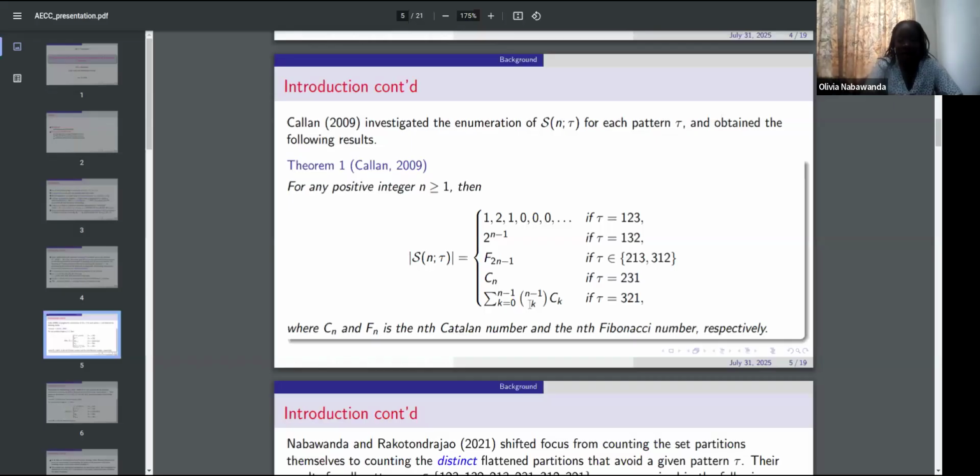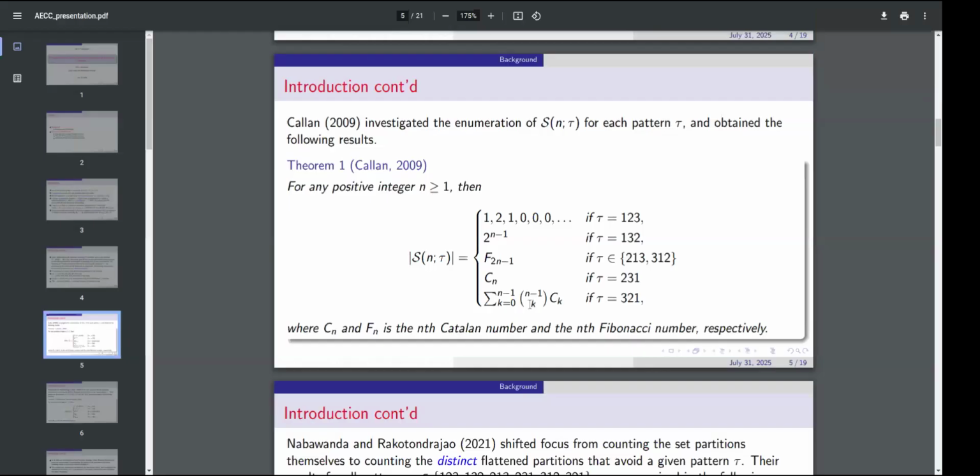And for the pattern 1, 2, 4, 3, we had this sequence 1, 1, 2, 4, 7, 11, 16. By the time we got this, we realized that on the OEIS, not much was known about it. But currently, several results have been discovered, and new interpretations are coming for this sequence. Then for these two patterns, 1, 3, 2, 4 and 1, 4, 2, 3, we had.